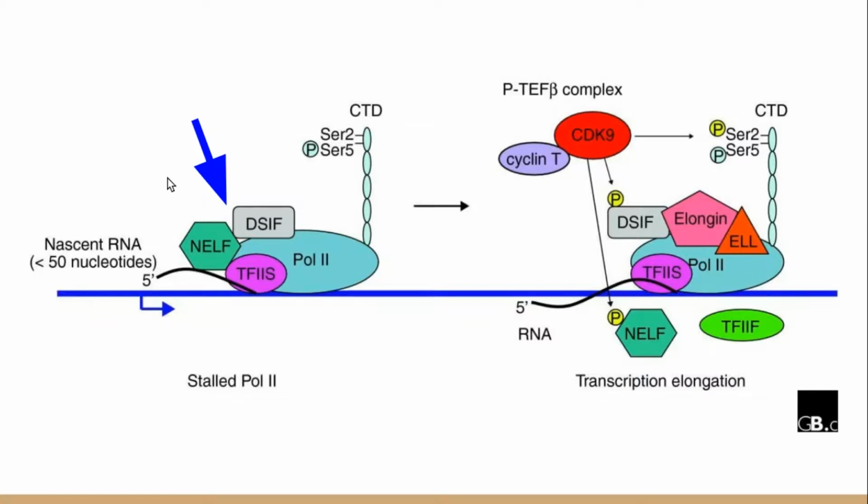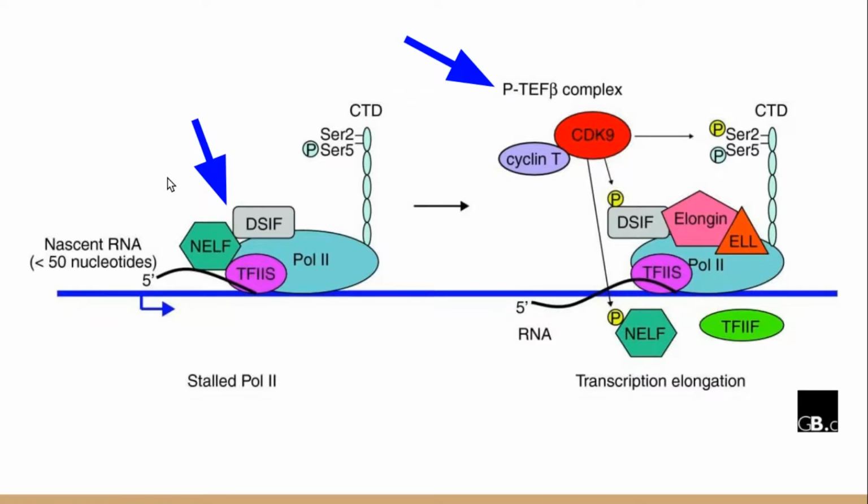Another important regulator of NELF is PTEF-beta. PTEF-beta stands for positive elongation factor B, and it's the name of a complex actually composed of CDK9 and one of many different cyclins, like cyclin T, for example.